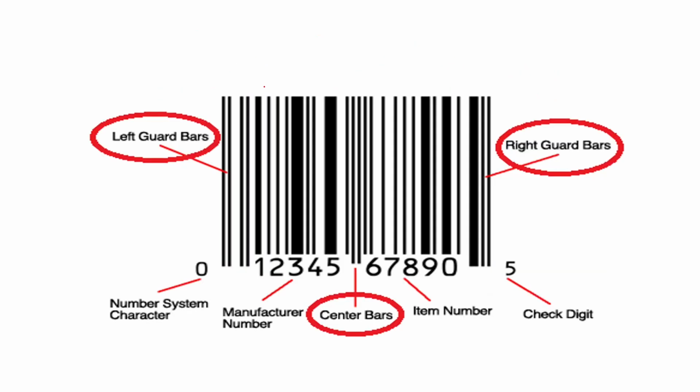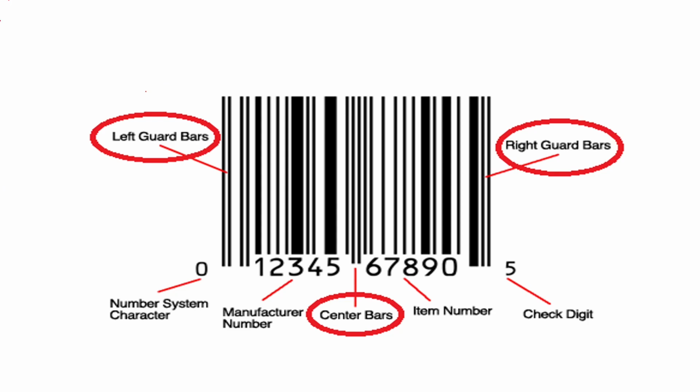So here you can see you can have left guard bars, right guard bars, manufacturer number, character number, center bars. The first number out of this 12 will be the number system character.